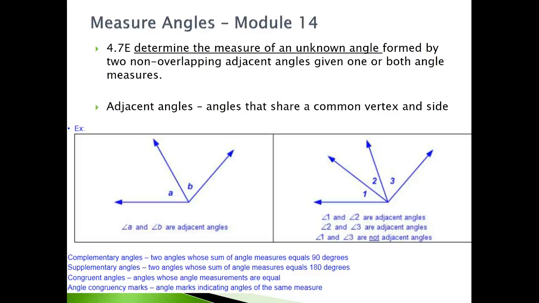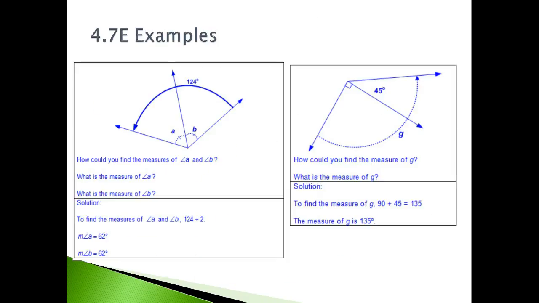Then 4.7e, determine the measure of an unknown angle. Here they could be two non-overlapping adjacent angles given one or both angle measurements. So the kids need to know what adjacent angles are and that they share a common vertex and side. Here are some examples.